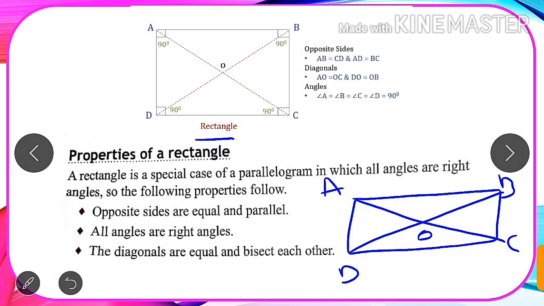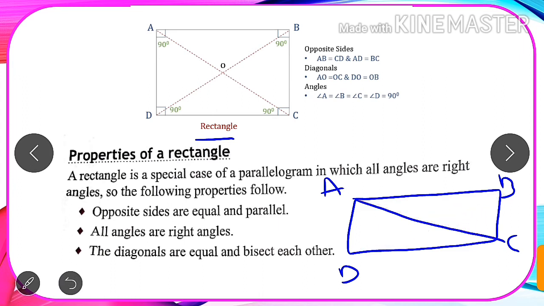Bisect each other means if there is one diagonal, that is AC, and now we draw the next diagonal, that is BD, then this diagonal will cut AC into two equal parts, that is OA will be equal to OC. Similarly, if we already have the diagonal DB and now we draw AC, then AC will cut DB into two equal parts, that is OD will be equal to OB.